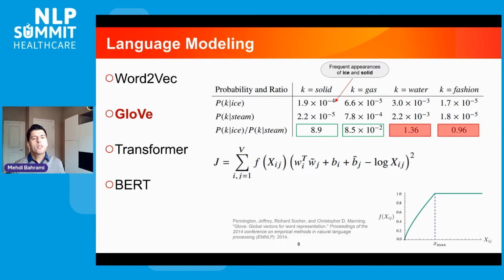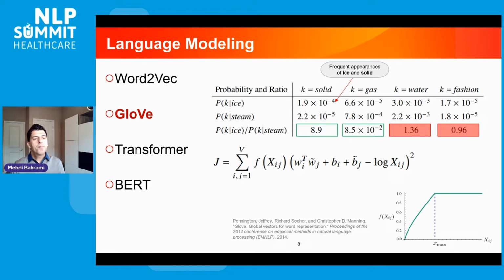In this case, we can understand the semantic composition of, for example, ice and steam. As you can see, the highest level and the lower level, and then the other words would be canceled out.